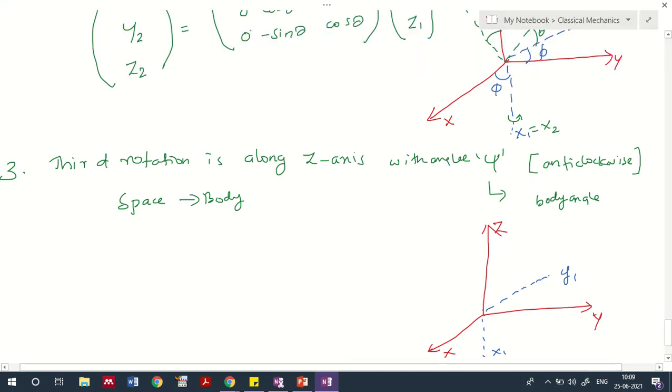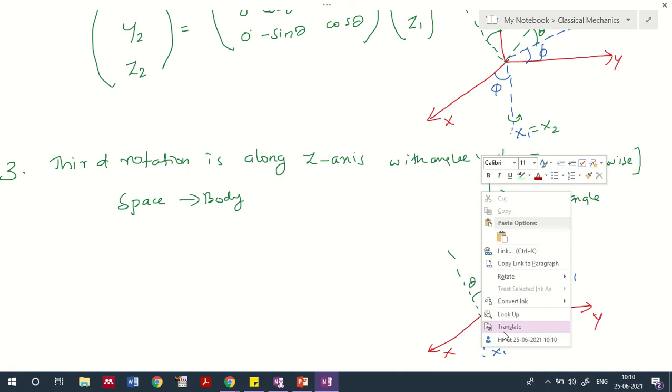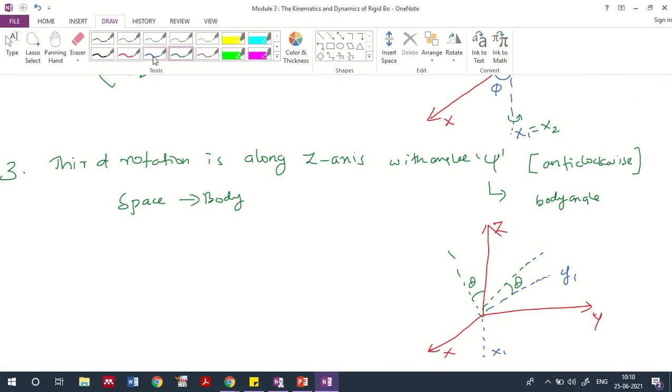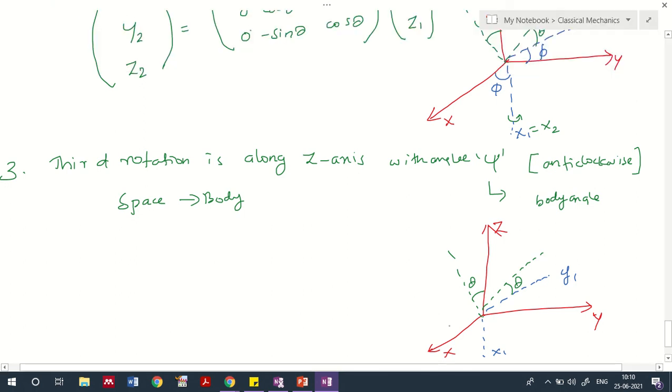Earlier we saw for theta that we have an angle theta here, and the rotation was like here. I'll just represent phi also here. This was our phi.